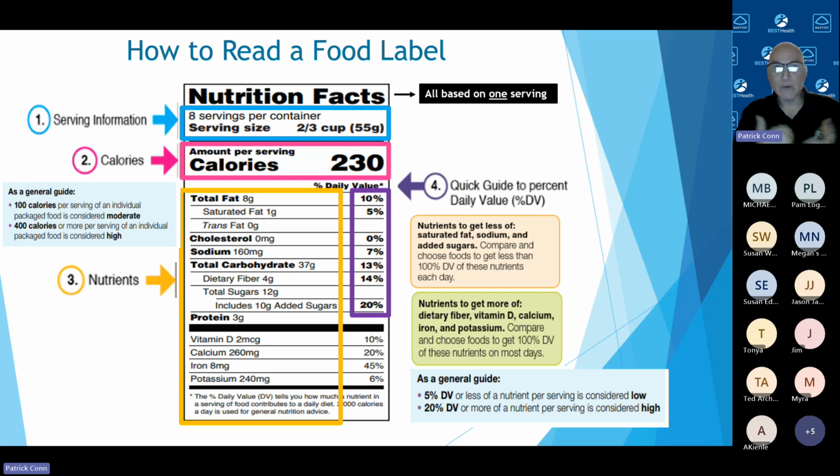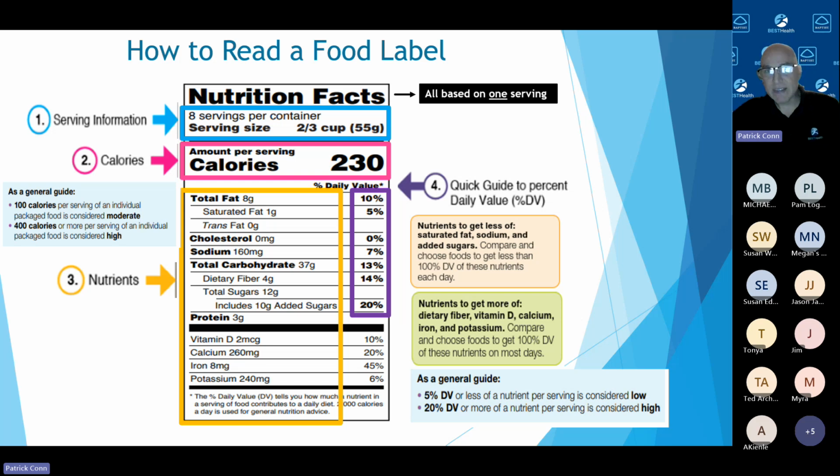So, when you see this nutrition facts panel, all of this information on this label is based on one single serving. If you were to consume 2 servings of this food item, then you've got to double all of those numbers. Okay. So all of this information is only based on one serving.